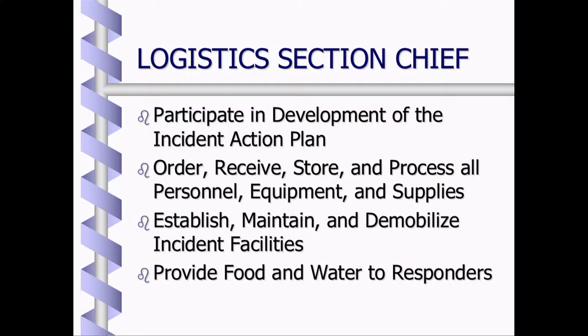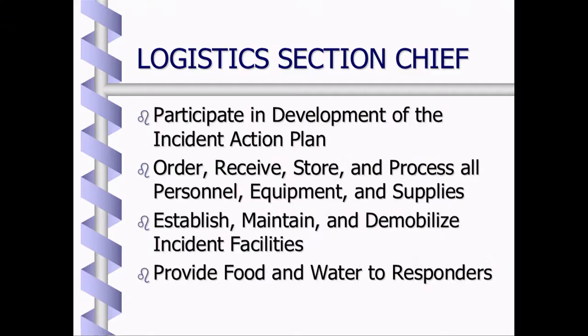We establish and maintain all the incident facilities. So any facilities we need, that's up to logistics to maintain those facilities. And we provide food and water to responders. So not to the general public, but to the responders.